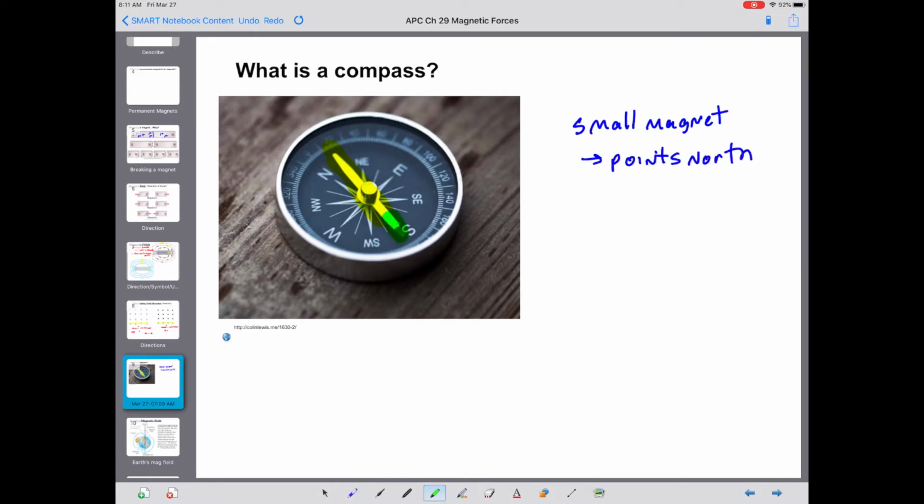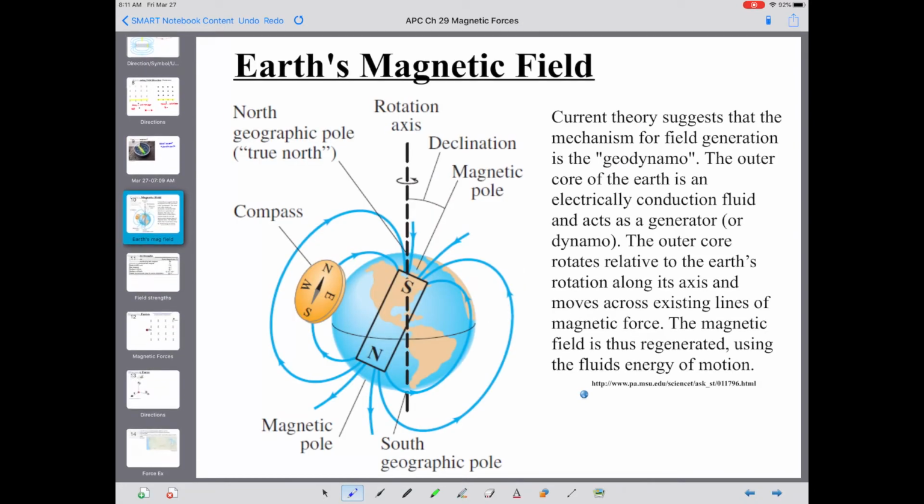That end of the magnet would be the north end of the magnet, but magnetic fields are directed in the direction that a north pole is attracted, and a north pole would not be attracted to north, but it would be attracted to south, which means if we consider Earth's magnetic field, the geographical north is not the magnetic north.